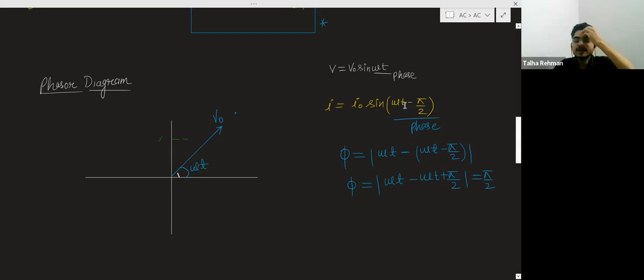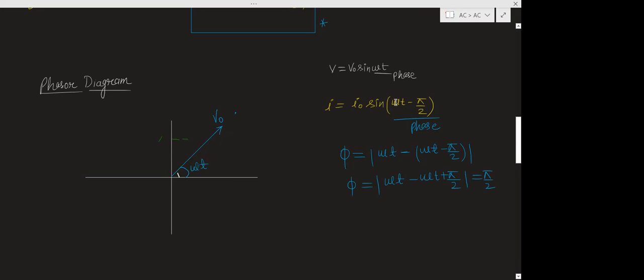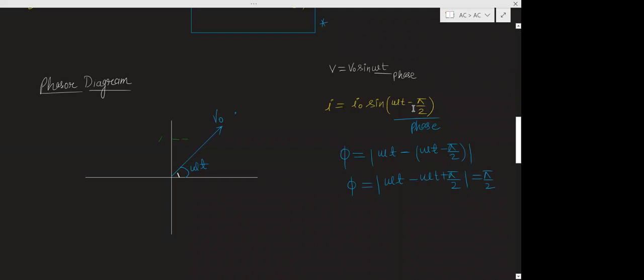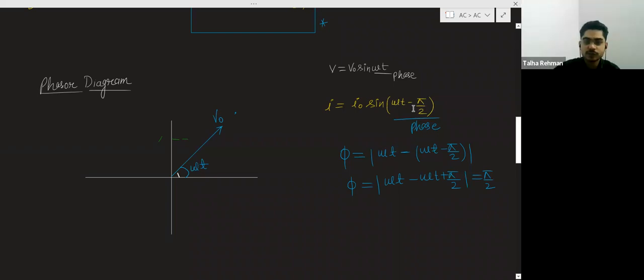Now the current: the phase of the current is omega t minus pi by 2. So current is lagging behind the voltage, 90 degrees behind. So for the current, we will draw the phasor like this.